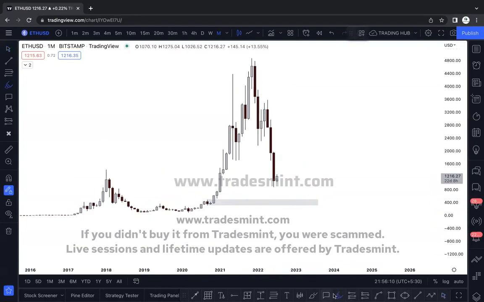Imagine if somebody bought here, they are still holding. But you are buying at a huge discount, so you can also hold. Imagine who bought here, they are still holding.